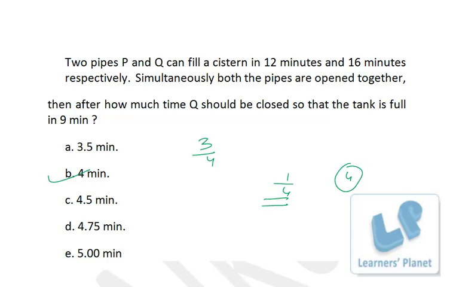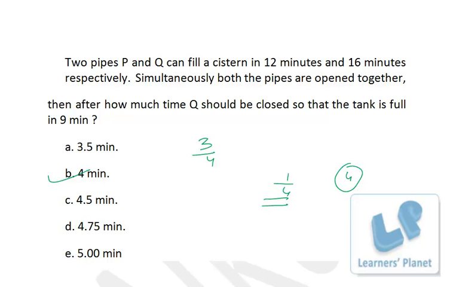Let me repeat the entire scene once again. The tap Q has to be closed. Tap P can fill up the tank on its own in 12 minutes, so in 9 minutes it can fill 3/4 of the tank. That means the remaining 1/4 of the tank had to be filled by tap Q. Tap Q can fill up the tank completely in 16 minutes, so 1/4 tank it can fill in 4 minutes.